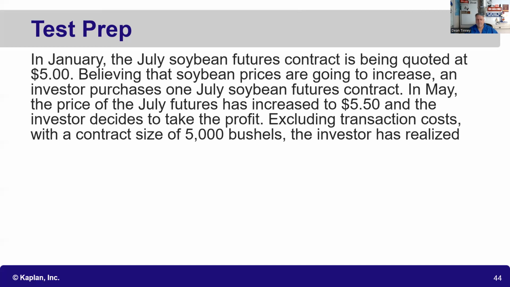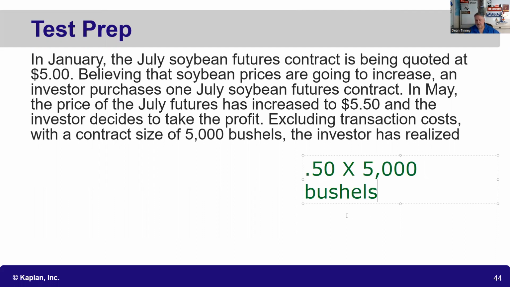And you take your profit. So if I bought this for $5 and I sold it for $5.50, I really don't think I have to know anything really about commodities to know that I made 50 cents on 5,000 bushels. By the way, that's always given, the size of whatever the futures contract is.